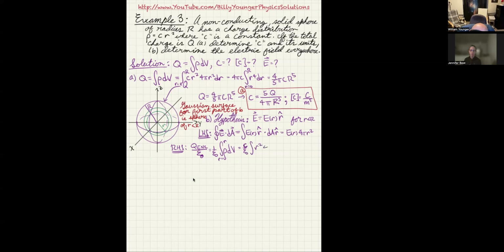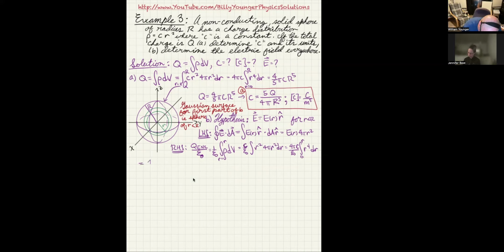And then my dV is going to be 4 pi r squared dr. So I'm going to get 4 pi C over epsilon naught times the integral from 0 to r of r to the fourth dr.